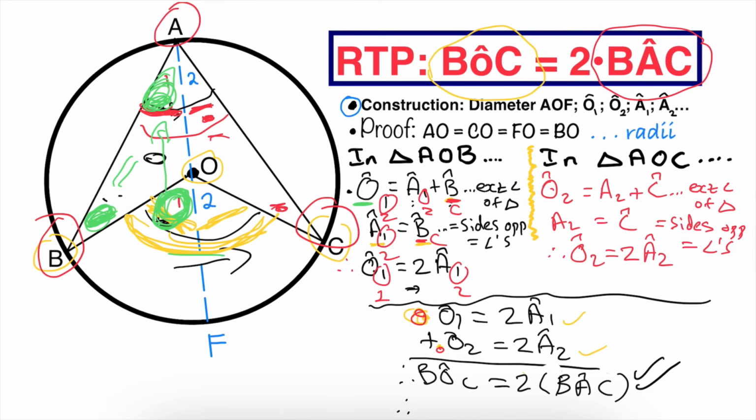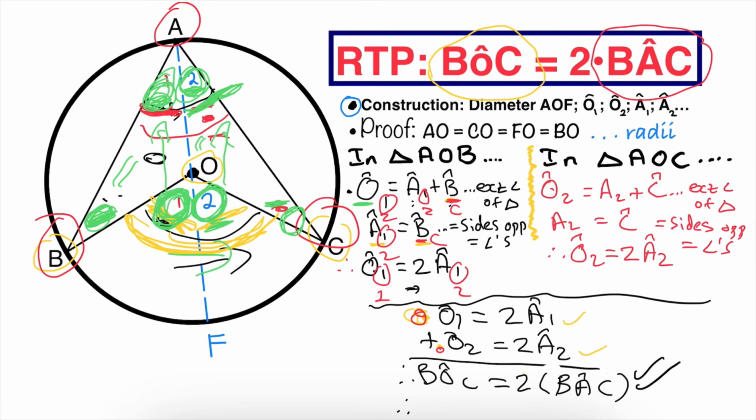Then you go to the other side of the triangle. Then O2 will be equal to A2 plus C, right? Then the next step is A2 equals C, right? Then the next step, you go straight to O2 equals 2 times A2.